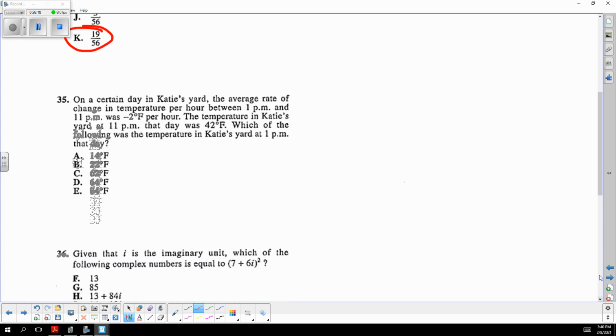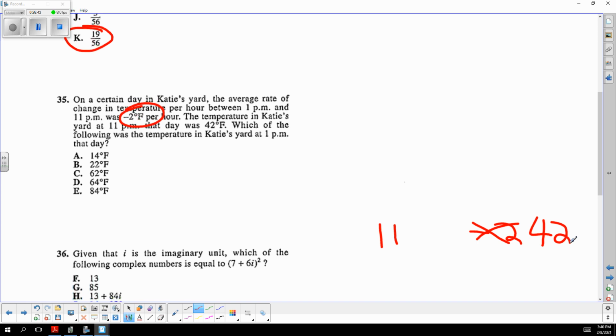This one you got to think out. An average change at 11 p.m. was -2. So the difference per hour was -2 degrees. So at 11 p.m. it was 42.